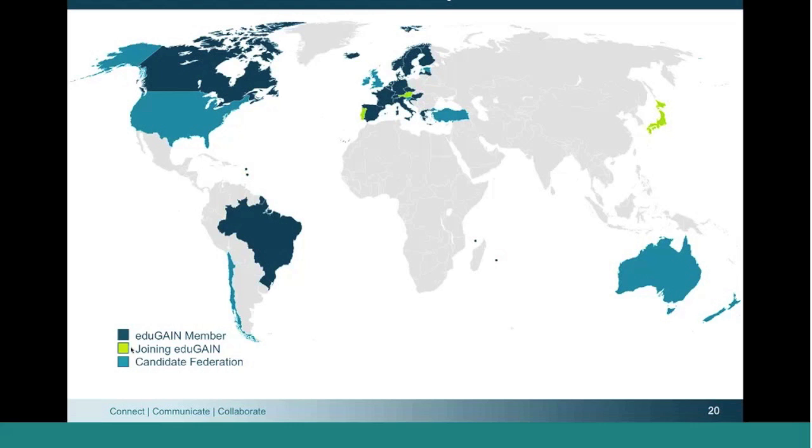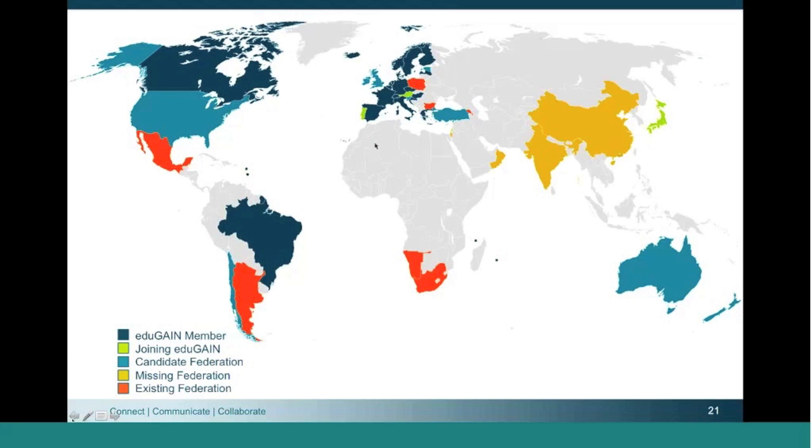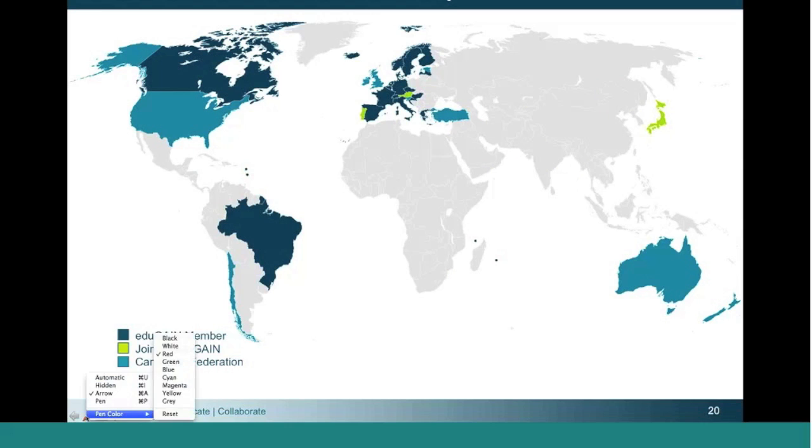So for people who have seen previous versions of this map, Austria is new. I get a little arrow maybe. Don't know if you can see this. Nope. Does my annotation work? I don't know.